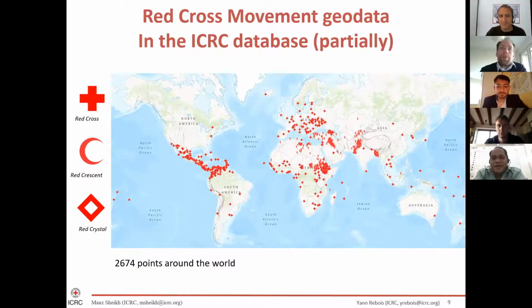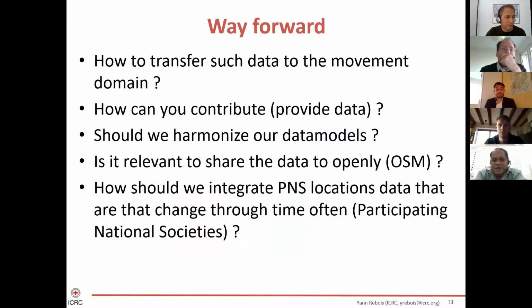Okay, thank you for that. Another question I wanted to ask: on your last slide, you were mentioning whether we can share this in our domain name, how to transfer such data to the movement domain.